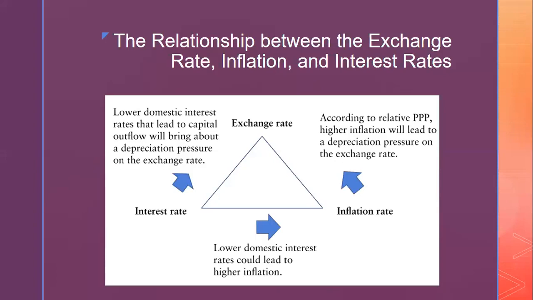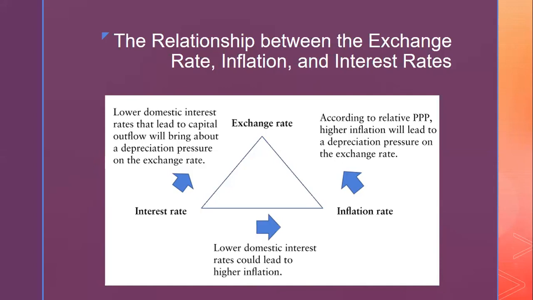Okay, so let's say for an example, the central bank wants to keep the domestic interest rate lower. Maybe by keeping the interest rate lower, they want to accelerate the economy a bit, or they might follow a loosened monetary policy to accelerate the economy.